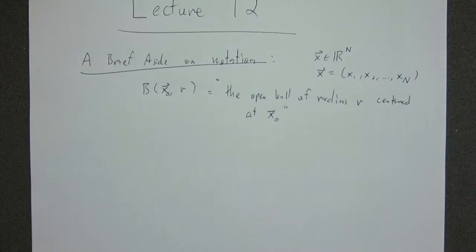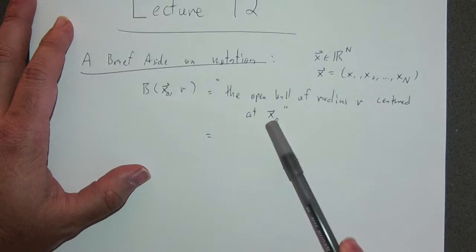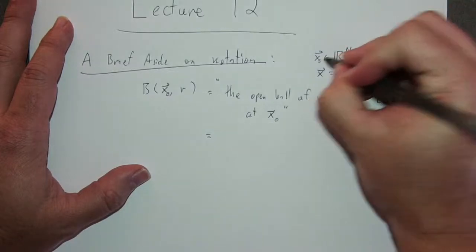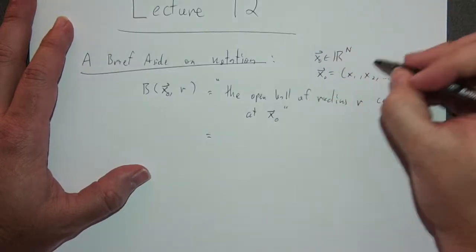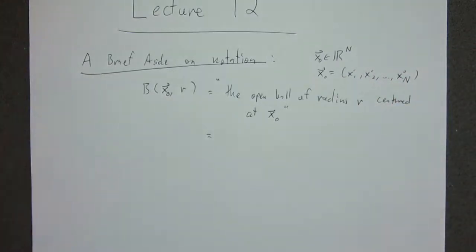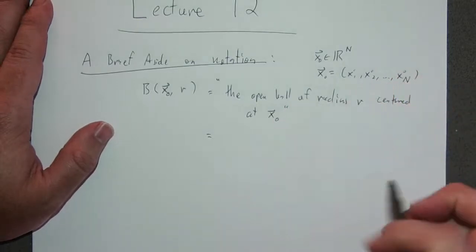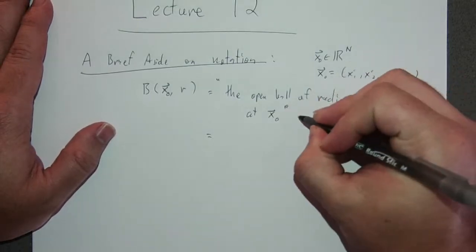Well, if I describe this in set builder notation, what is this? Let's just add all these things. So this is the open ball of radius r centered at x naught in Rn.